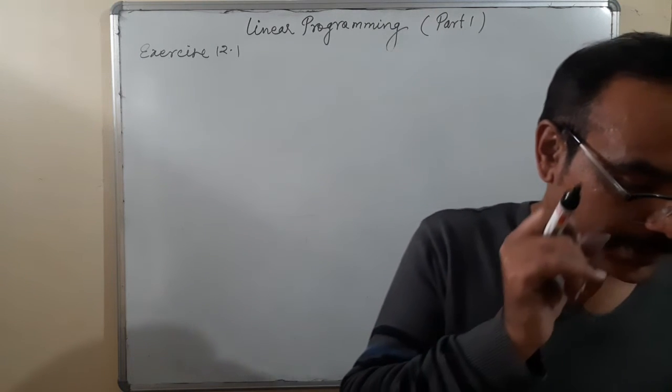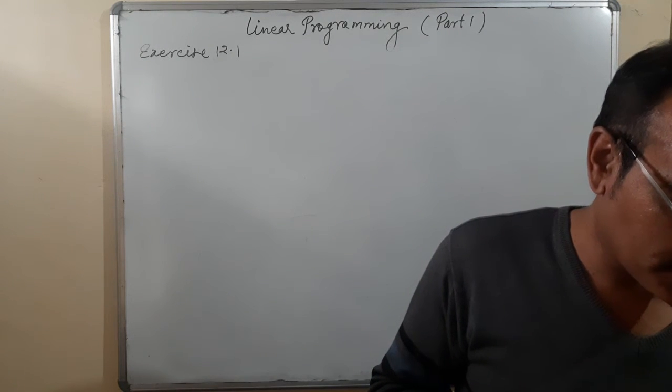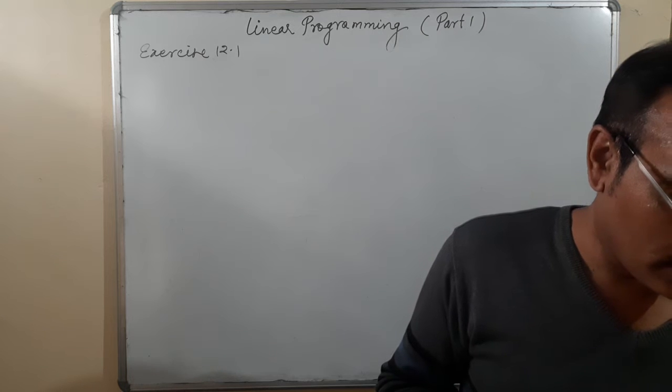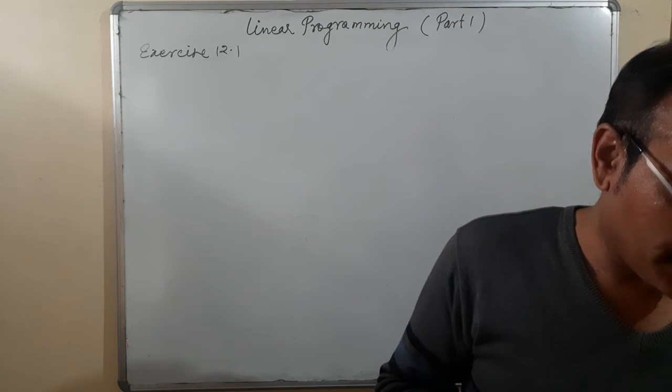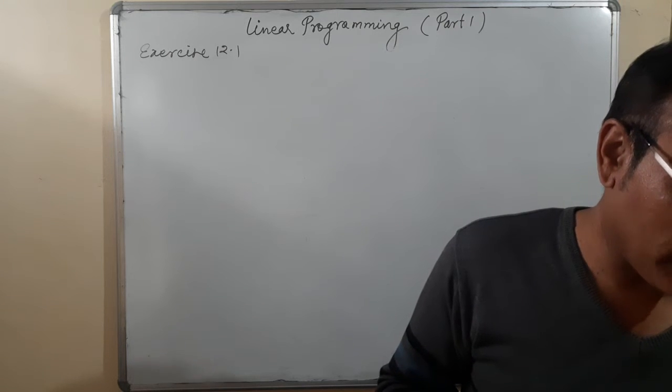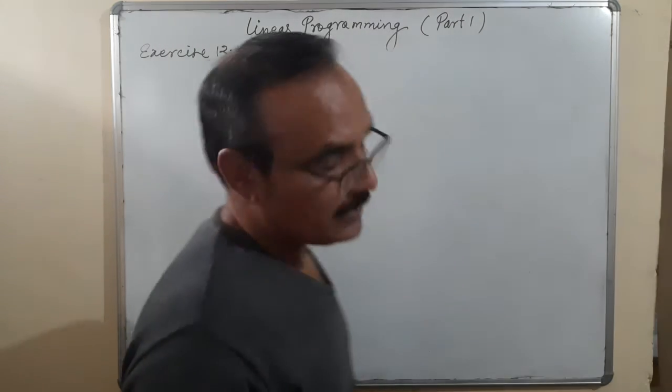So there are 4 questions here, 7, 8, 9, 10. One of the questions I am choosing. By the way, all questions are the same: minimize and maximize. Z is equal to 5x plus 10y. 7th question.